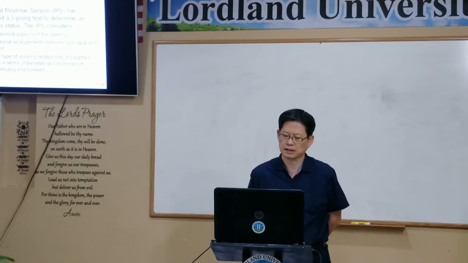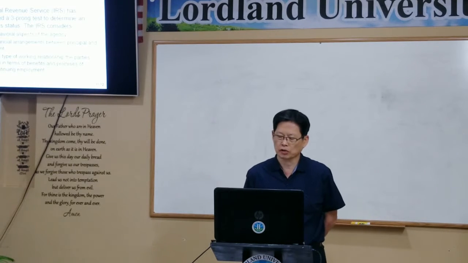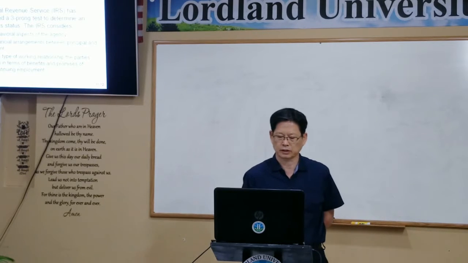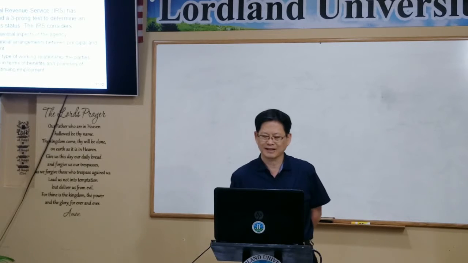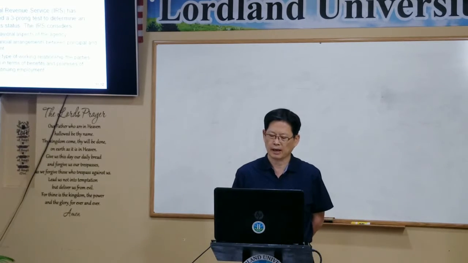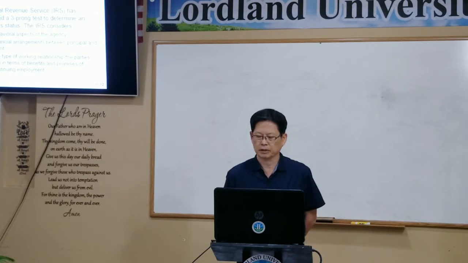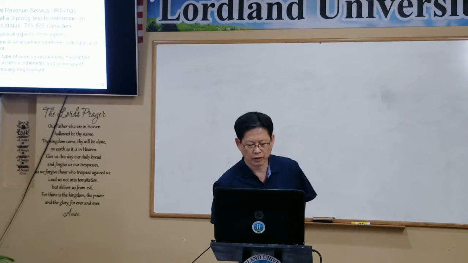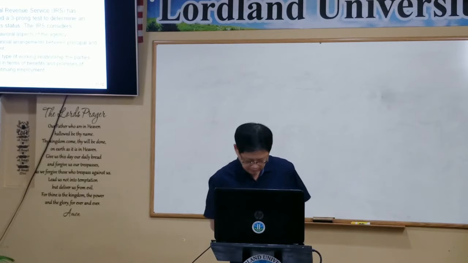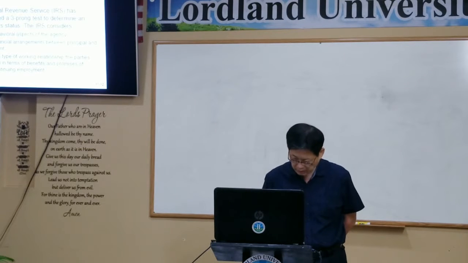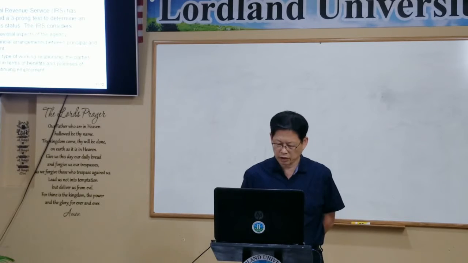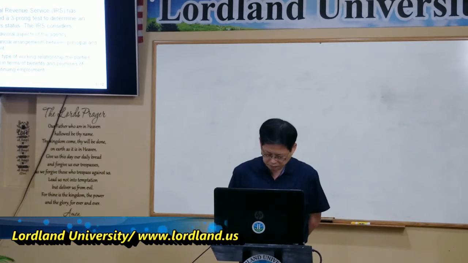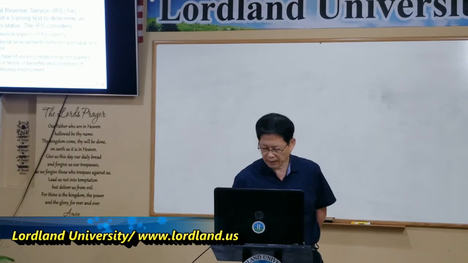Second prong is the financial arrangement between principal and agent. Third prong test is a type of working relationship the party had in terms of benefit and promises of continuing employment. If employer promised to continue employment, that is considered as employee. Not promise of continuing employment, that is referred as an independent contractor.